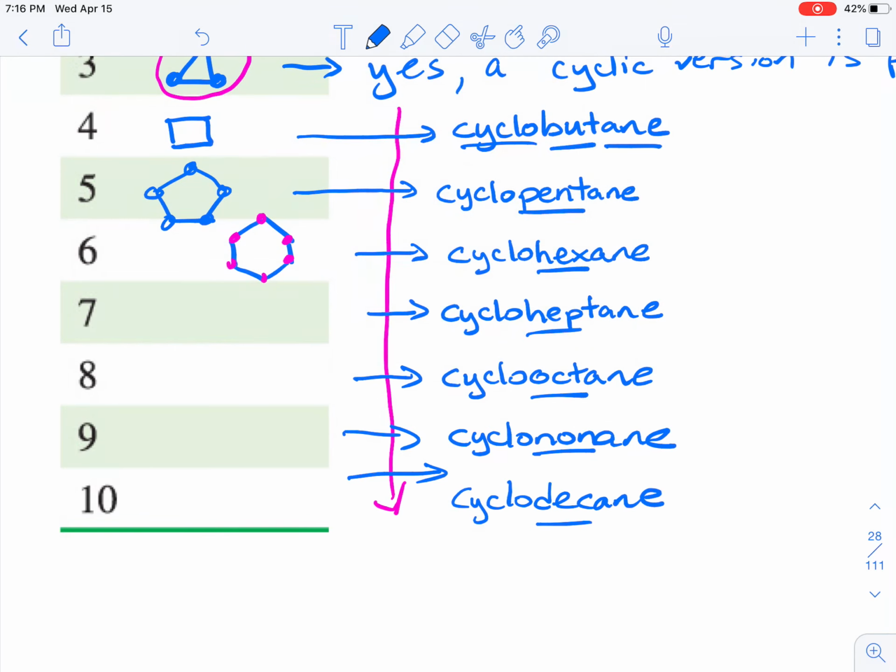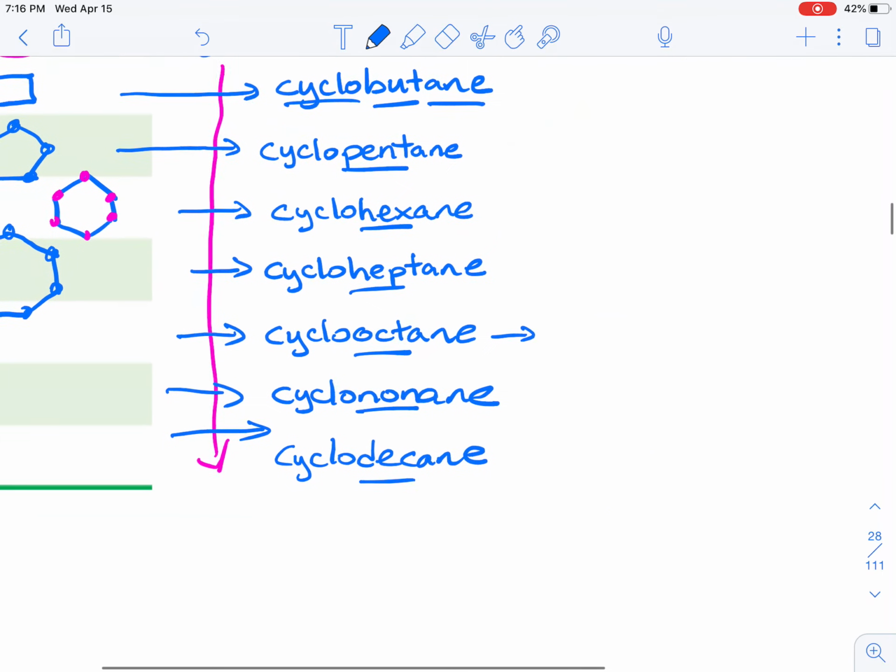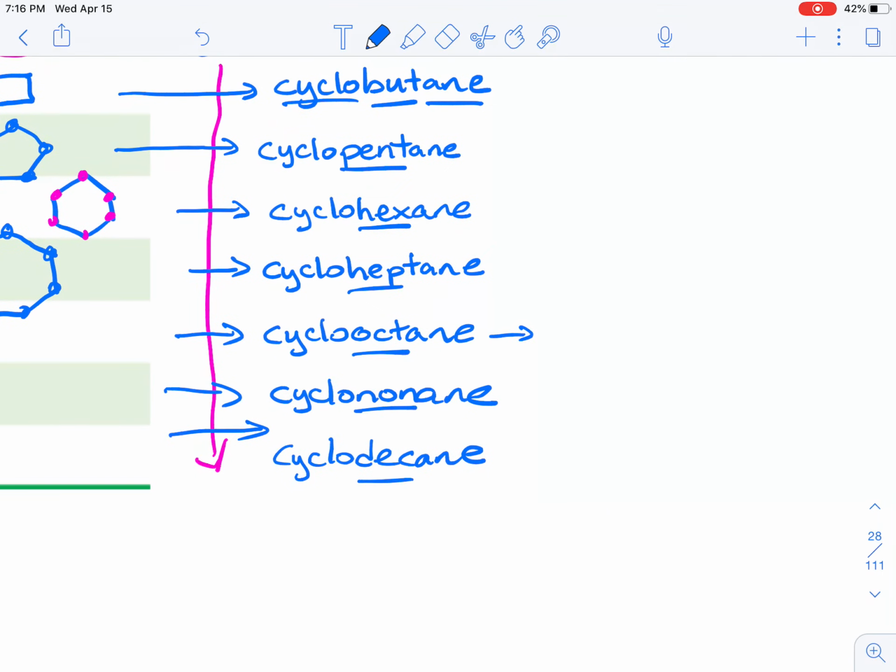And so cycloheptane, I always have a hard time drawing this one. Let's see if I can get it in one shot. So, 1, 2, 3, 4. Did I do it? 1, 2, 3, 4, 5, 6, 7. Yay, I did it. All right, so cyclooctane, that's actually going to be like your stop sign.